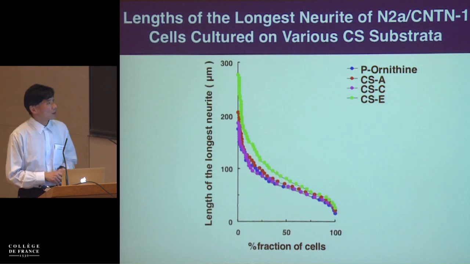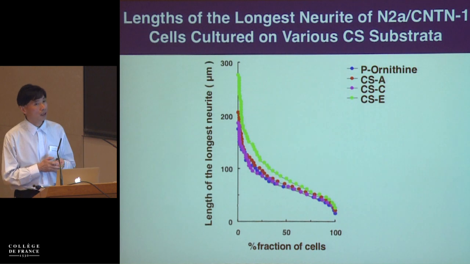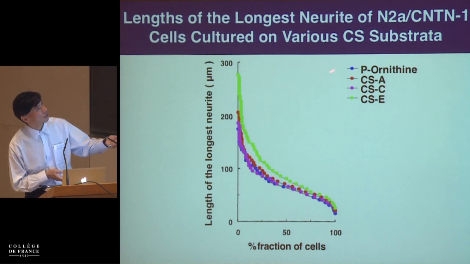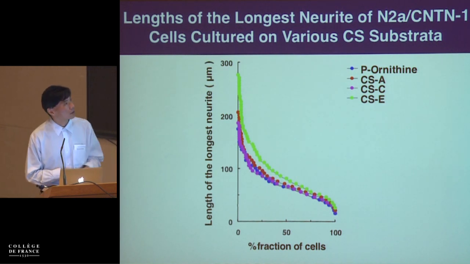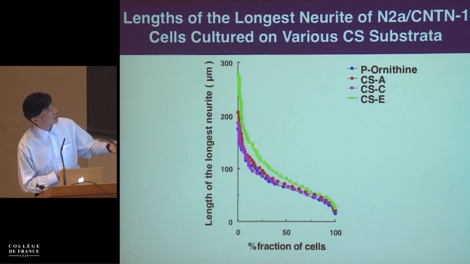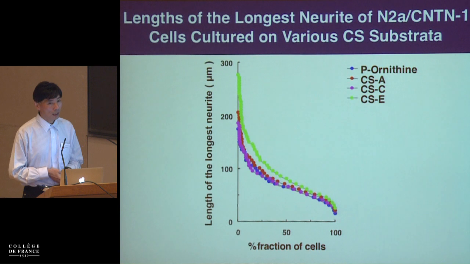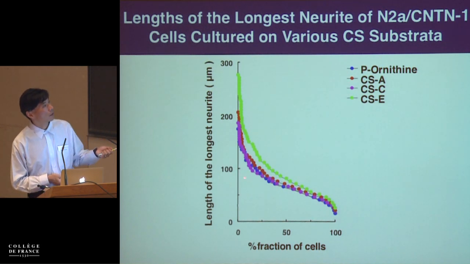Quantitative analysis measuring the length of the longest neurite of individual Neuro2A contactin 1 cells cultured on various chondroitin sulfate substrata reveals that chondroitin sulfate E, as indicated by a green circle, showed a strong neurite outgrowth promoting activity compared to the polyornithine control, CSA, or CSC.